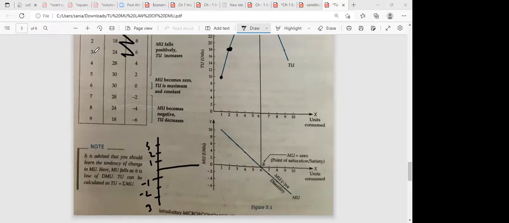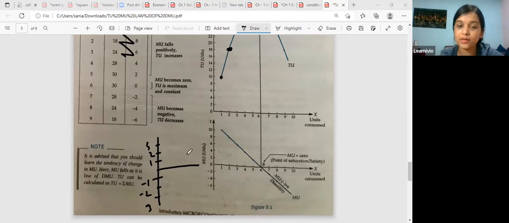Okay, so -1 you will be pointing. And then for 1, it is 10. For 2, 8. For 3, 6. Like this. And over here you can see for 6, it is 0. Then 7 is minus 2. Like this. So you can see it is negative.